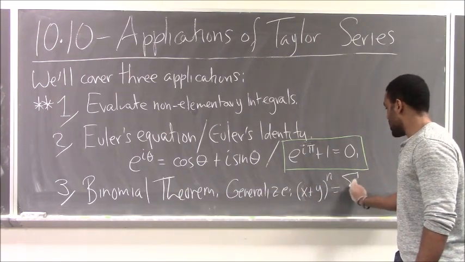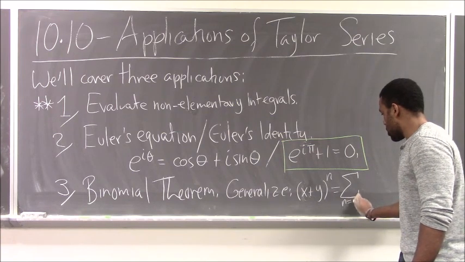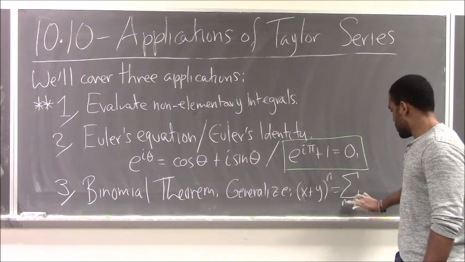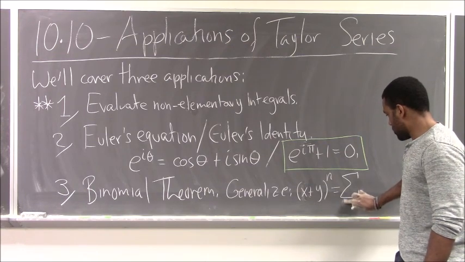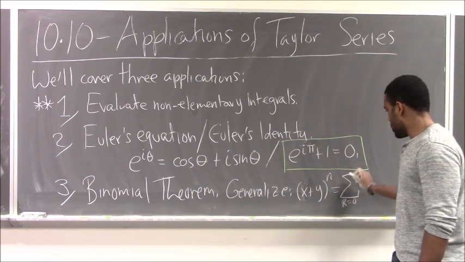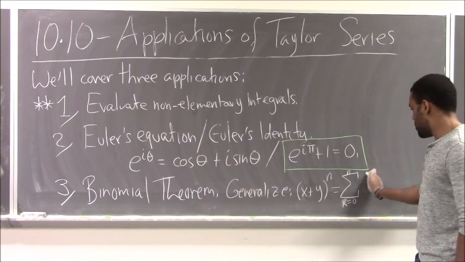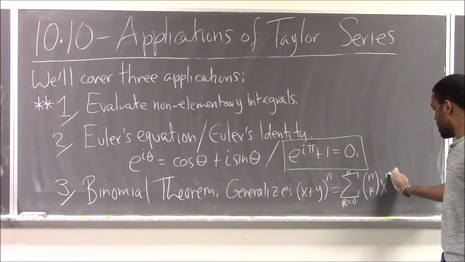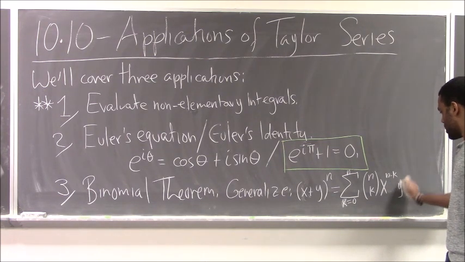It turns out that we know how to do this for n any positive integer power: the sum as k goes from 0 to n of n choose k, x to the n minus k, y to the k.